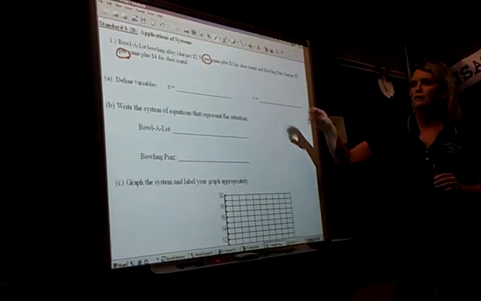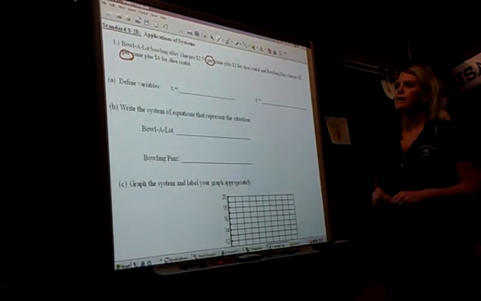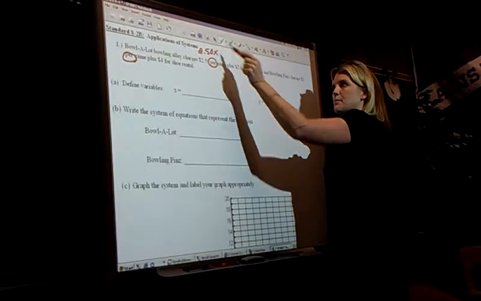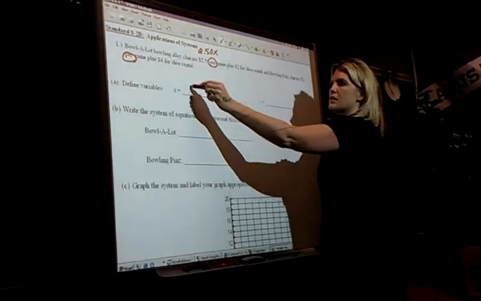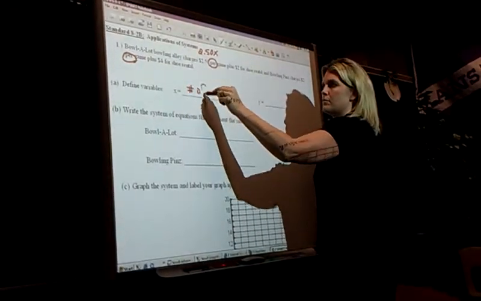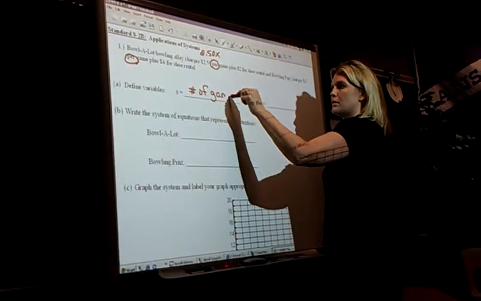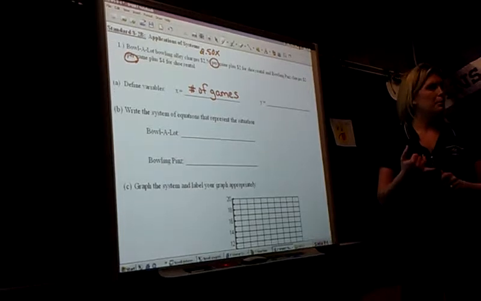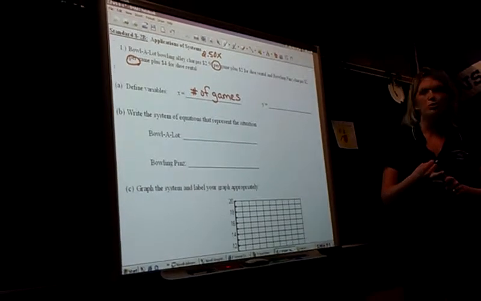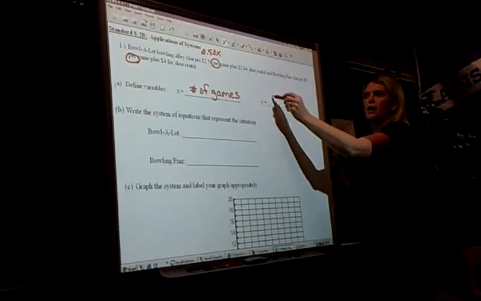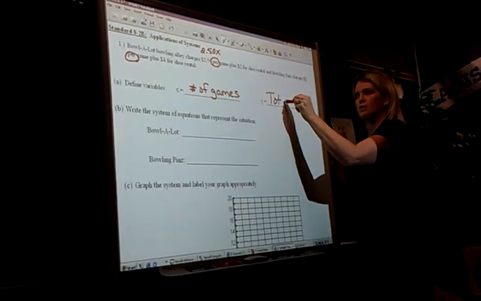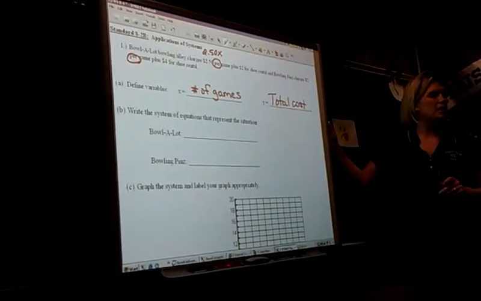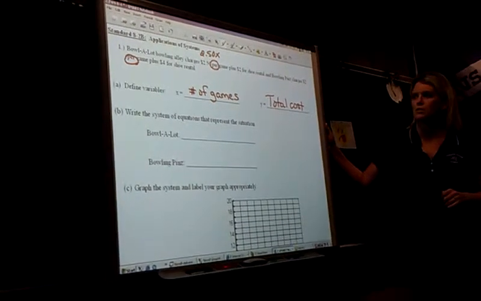When you're talking about defining your variables, x and y, this per right here, I know that I'm going to have 2.50 times x, and the x represents the number of games. Well, when you go to bowl, you're going to pay per game and then pay for shoes. So this y is going to be your total cost. Y is your dependent variable, it's your end result.